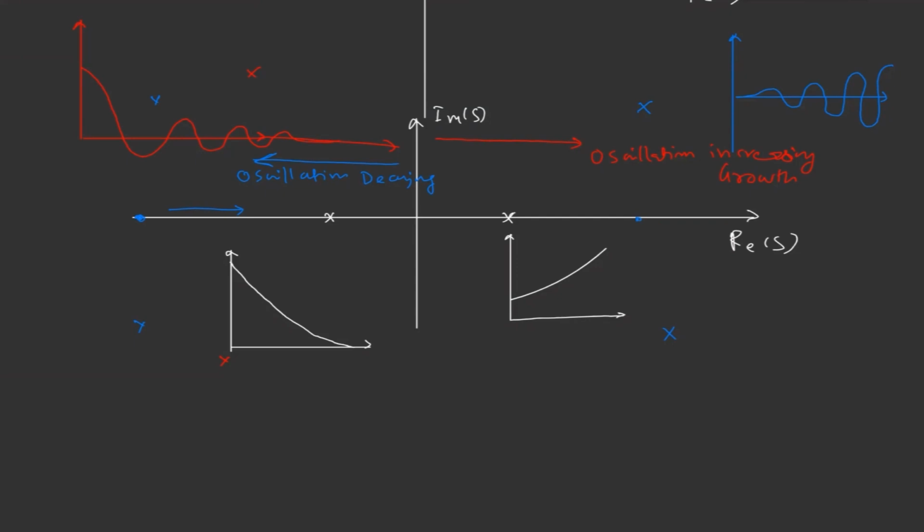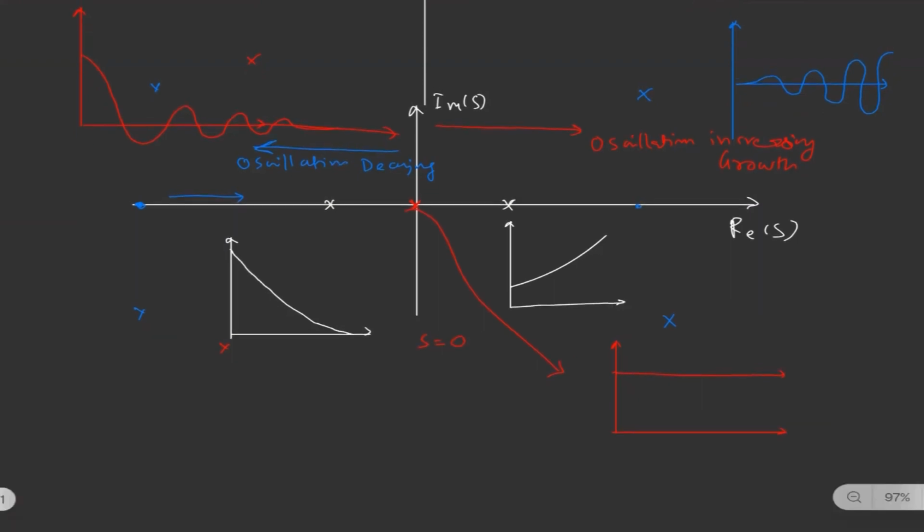And if the poles lie on the origin, if there's a single pole at the origin, s equal to 0, for example, the system response will be something like this, marginally stable.